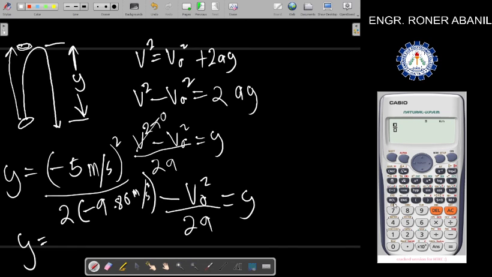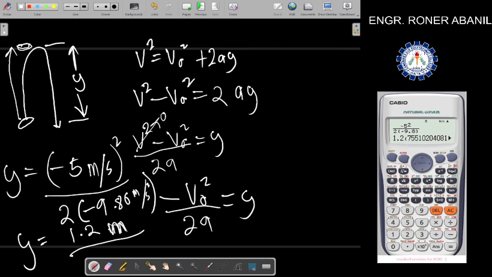So, using our calculator, lalabas yung answer dito. Negative 5 square over 2 times negative 9.8. So, lalabas dito is 1.2 meters. Layo ah.